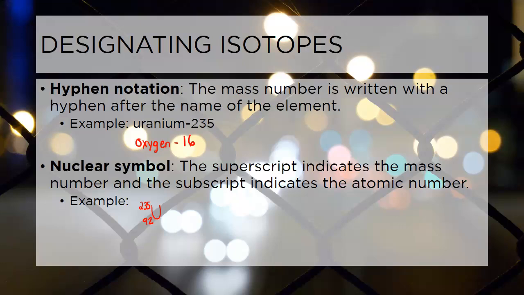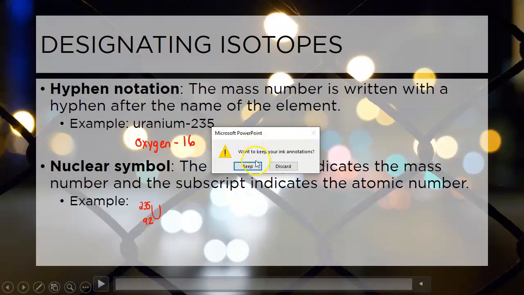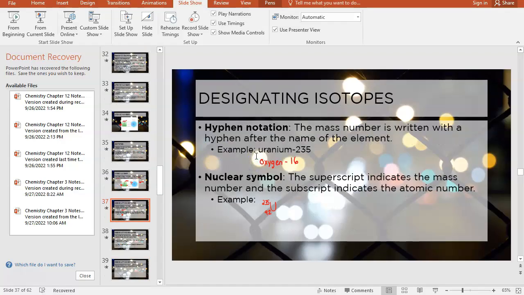For uranium-235, the 235 comes from the particular isotope. And where did the 92 come from? If we look at the periodic table, the 92 is the atomic number.